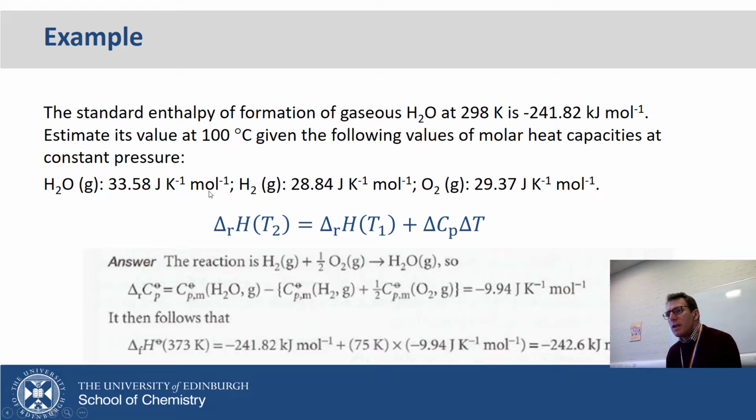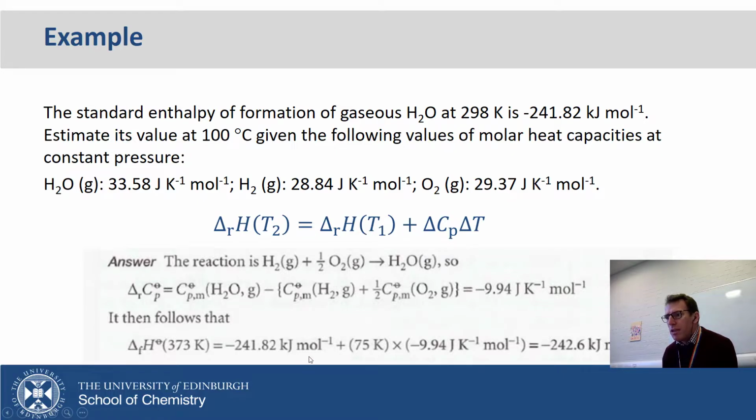So this is pretty straightforward. We can use Kirchhoff's law. Delta H at the second temperature, 373, will be equal to delta H at the first temperature, 298, so we know that value, plus the difference in heat capacities times the difference in temperature. Here you just need to be careful because heat capacities are in joules per Kelvin per mole, and the enthalpy is in kilojoules per mole.